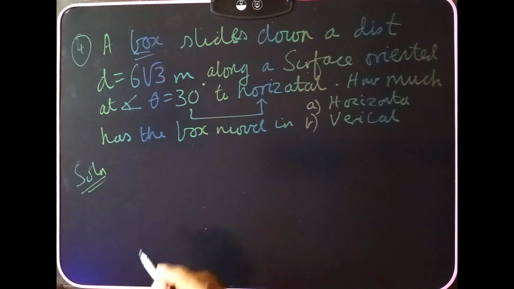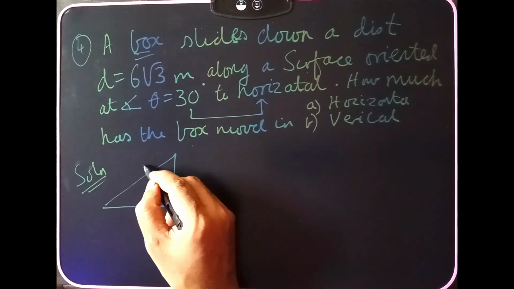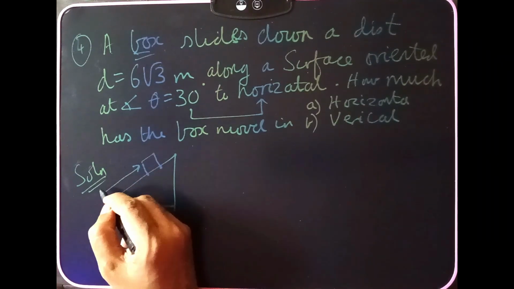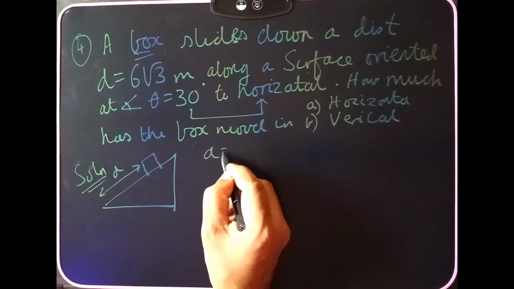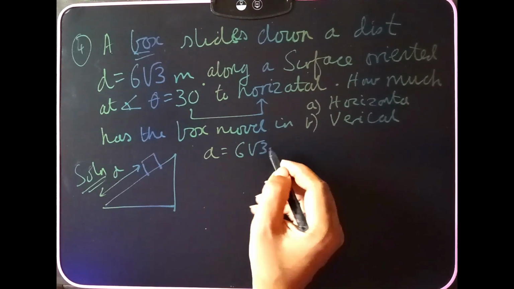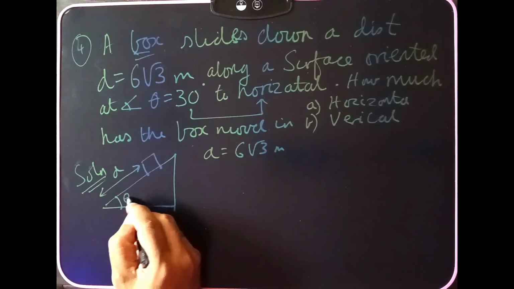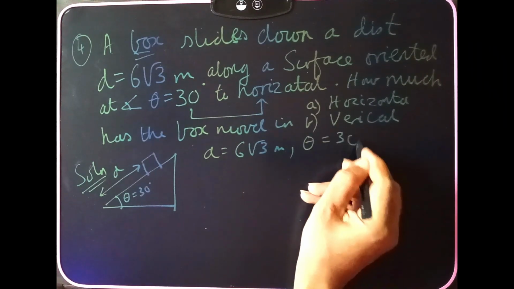What are we given here? We are given an inclined plane where an object is kept, and the distance of the object is given as d, and d is 6√3 meters. This angle theta is equal to 30 degrees.